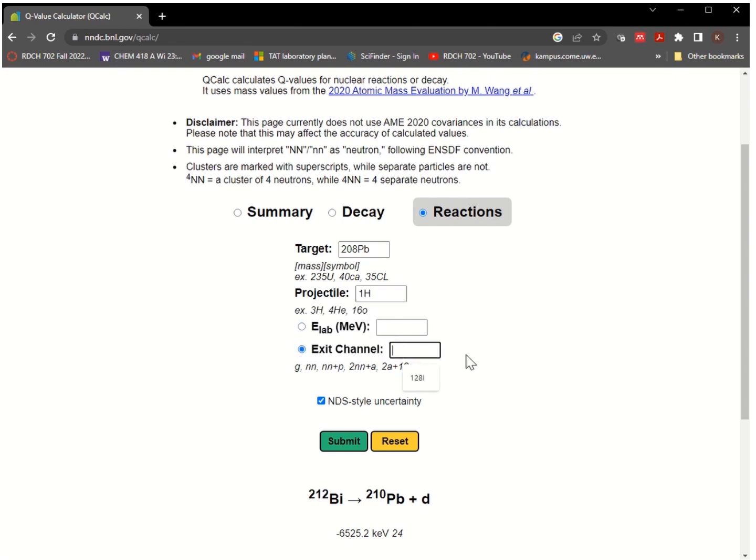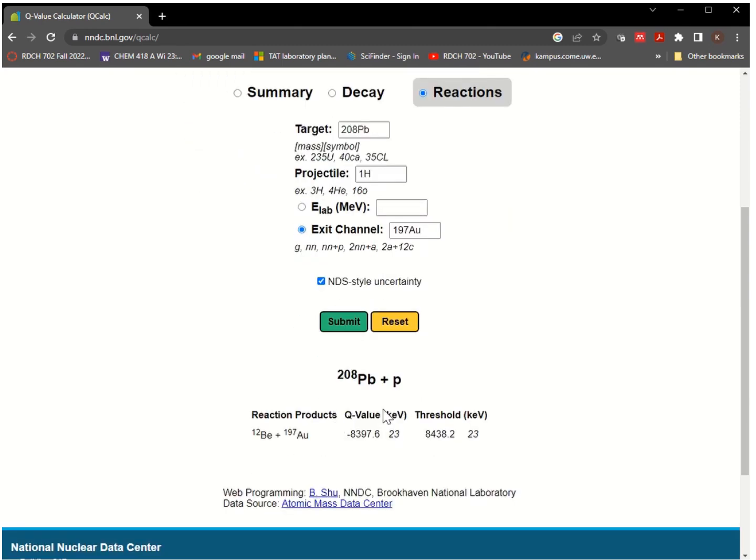And let's say I want to make gold-197, the stable isotope of gold. So lead plus a proton, beryllium-12, and gold-197 could be products. The Q value is listed here, and a threshold energy, which we'll describe later in the course, is listed here.